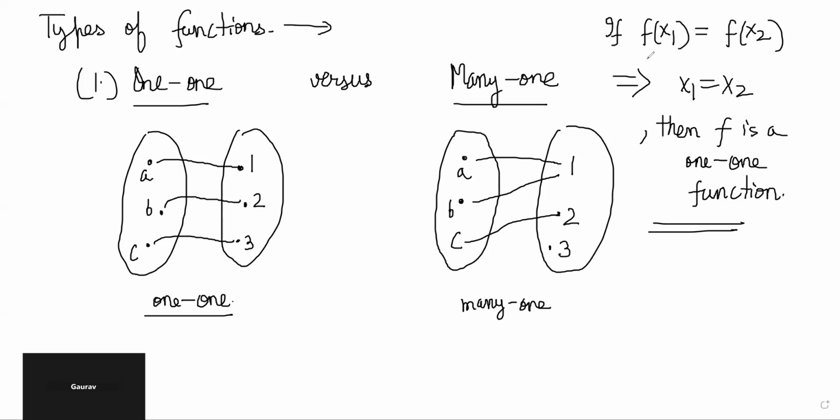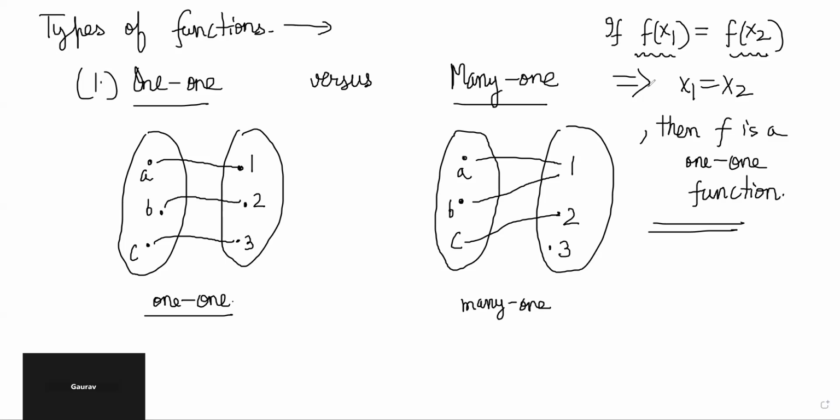Sir, how can x1 and x2 be equal because the function can be different? I am saying f of x1 is equal to f of x2, if that is given to you. The outputs are equal.